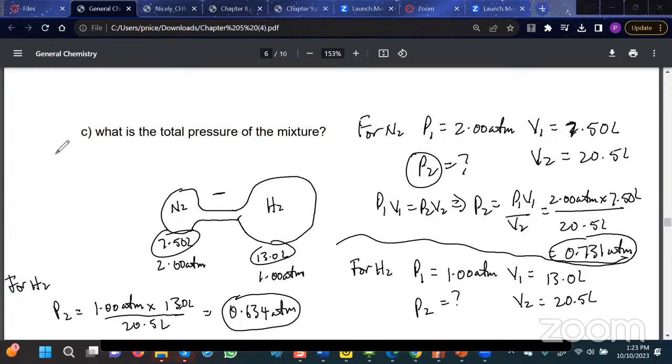So P total is equal to 0.731 atmospheres plus 0.634 atmospheres. So let's see what that gives. 0.731 plus 0.634. And according to my calculation, that gives 1.365 atmospheres. And that's it.